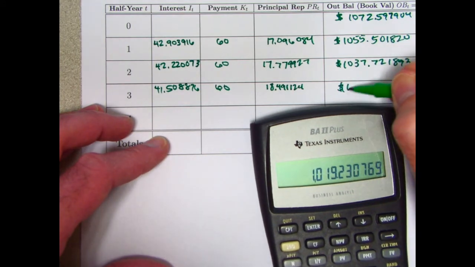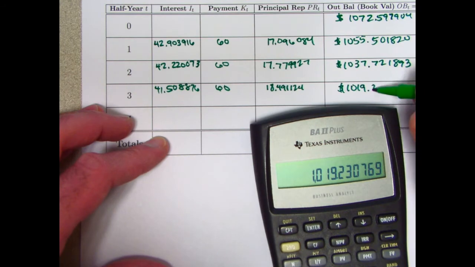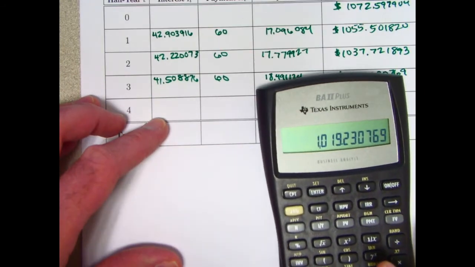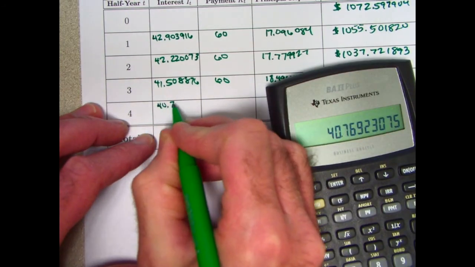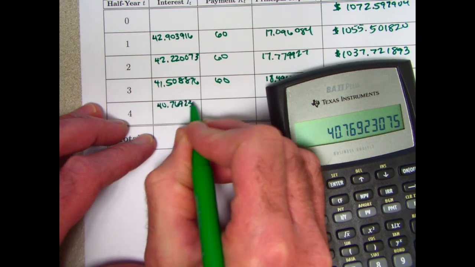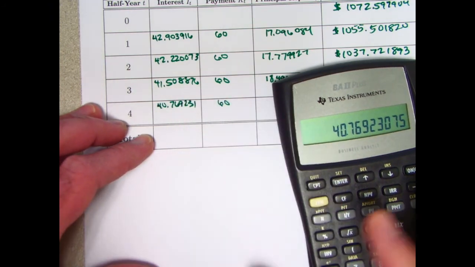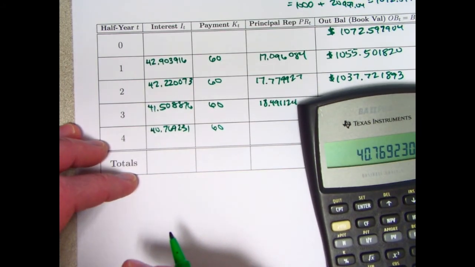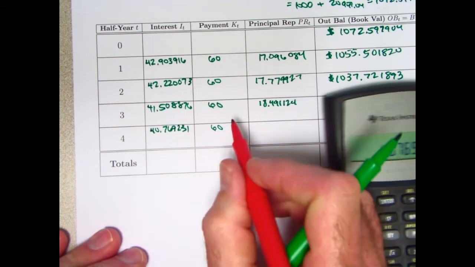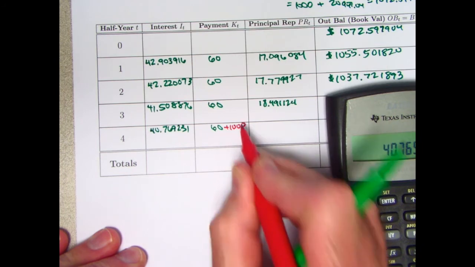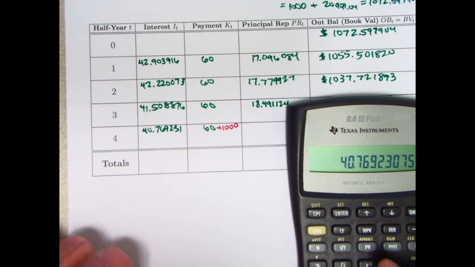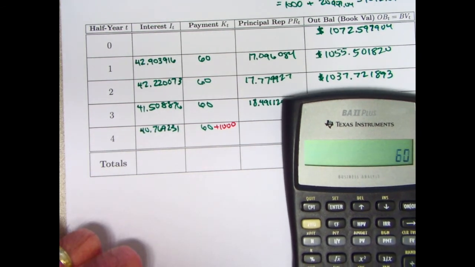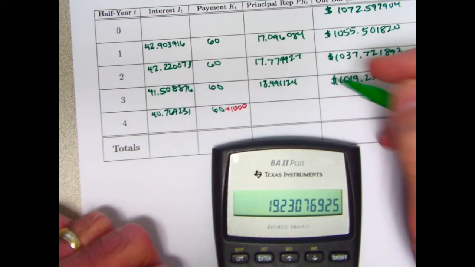Get 1,019.23. Take 4% of that. We're almost done. Get 47.769231. They pay 60 plus 1,000 really as well. Let me put that in a different color here to pay off the final balance. The principal reduction that comes from just the $60 is $19.23.